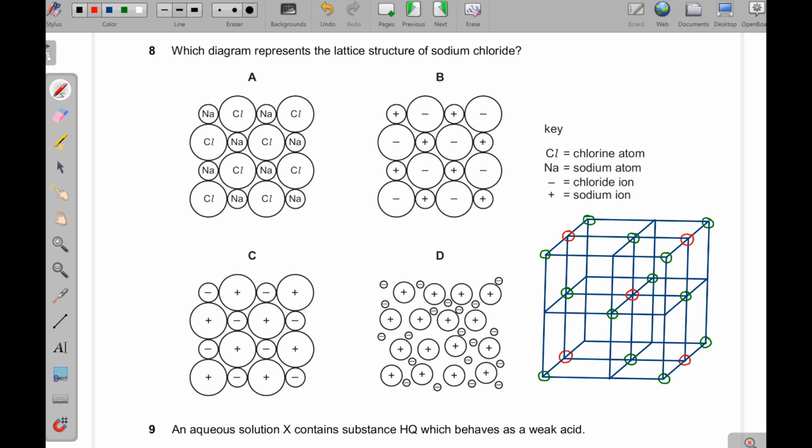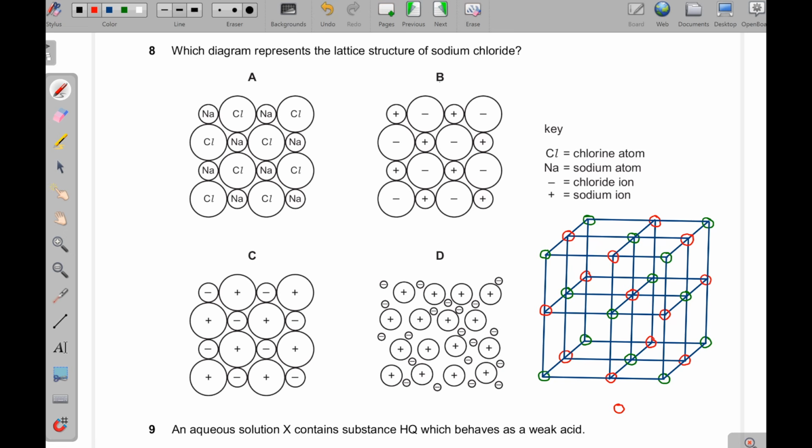Now red here. You see? Red here. Then we must have a green here. And what else? There has to be a red here, and then also a red here.